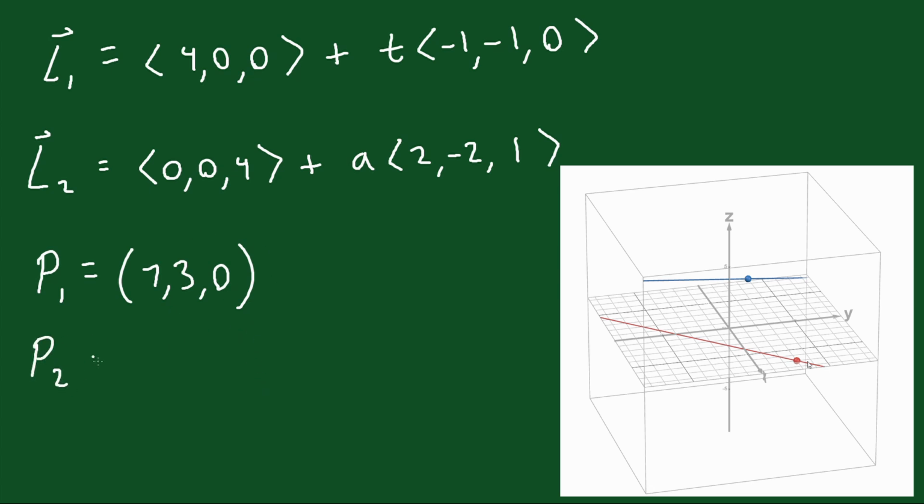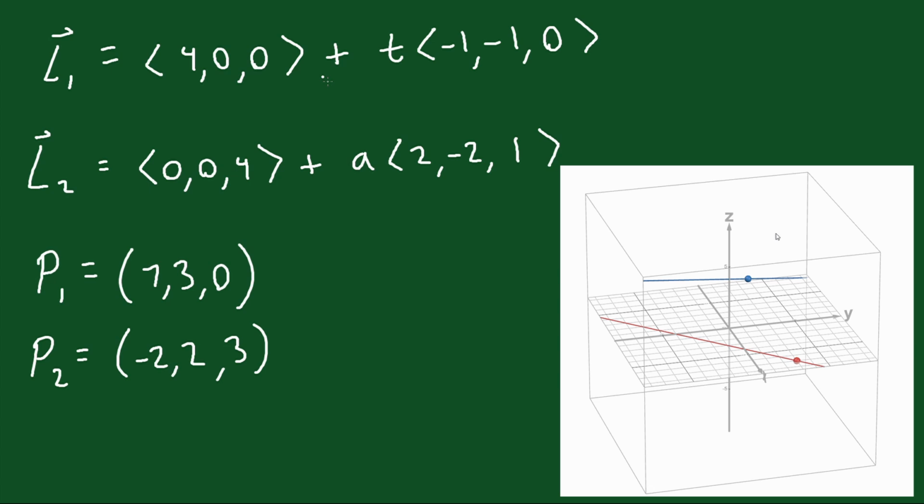I also have P2, this blue point here, and that has the coordinates (-2, 2, 3). Okay, and the way I found that, I simply plugged in a value of -1 for a, and then calculated that point. So that's all I did. Again, you could simply use these position vectors as your points instead, but I decided to use these other points just to make my diagram look a little bit more appealing to me.